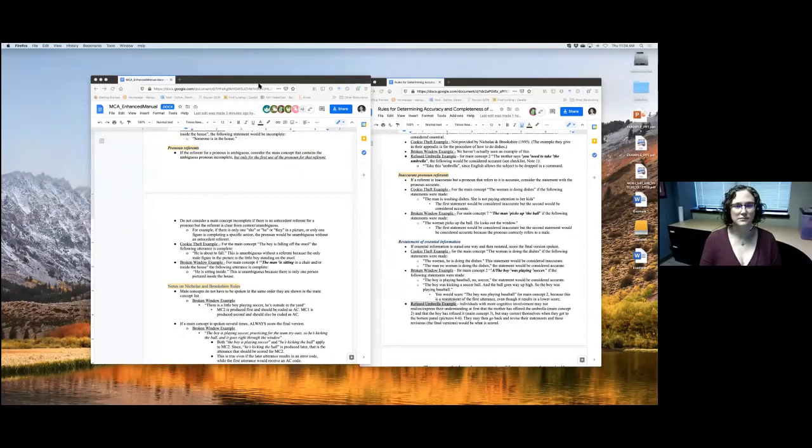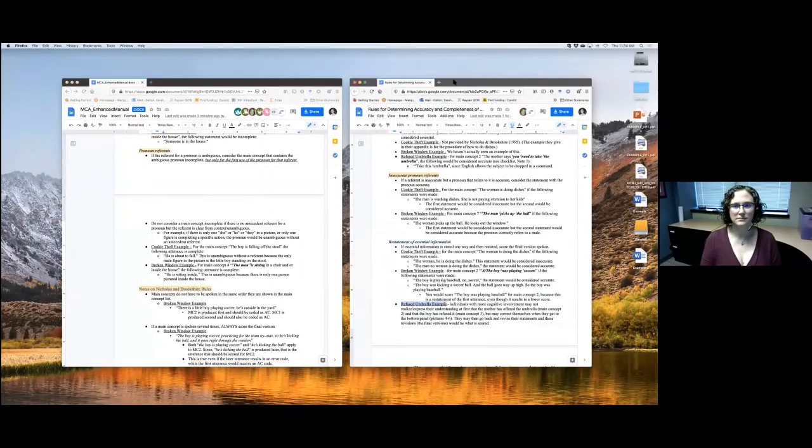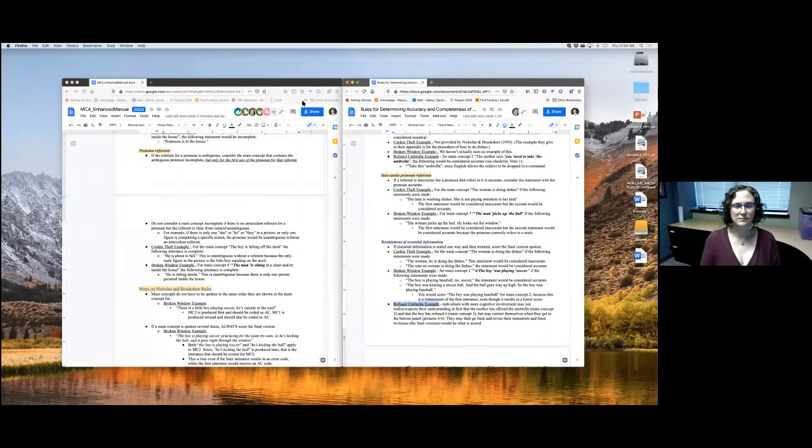It comes down to there being a section under the accuracy for pronouns and a section under completeness for pronouns. And so when you're making these decisions about the pronouns, you're having to decide, okay, is this an accuracy issue or is this a completeness issue? Now, this may not seem like that big of a deal.